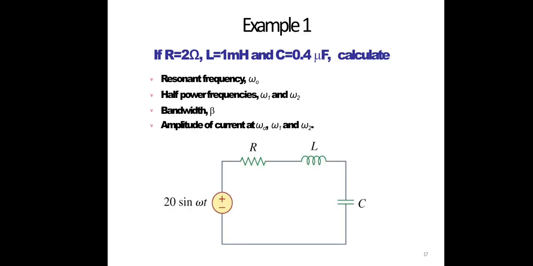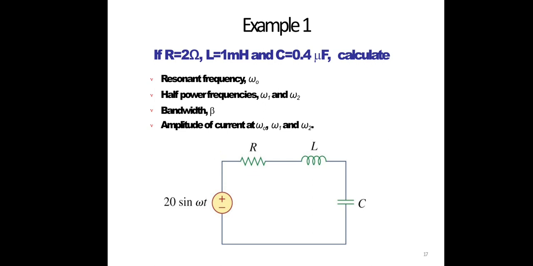Here, by using this circuit, you may calculate the resonant frequency. Resonant frequency f is equal to 1 by 2 pi root LC, already known. L is 1 into 10 power minus 3 and C is 0.4 into 10 power minus 6. So 1 by 2 pi root of 10 power minus 3 into 0.4 into 10 power minus 6, which gives 4 into 10 power minus 10.